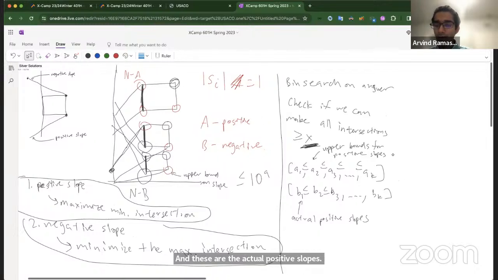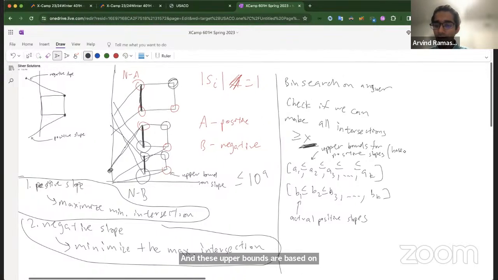These upper bounds are based on x. So we can achieve x whenever these values are less than or equal to the corresponding upper bounds.